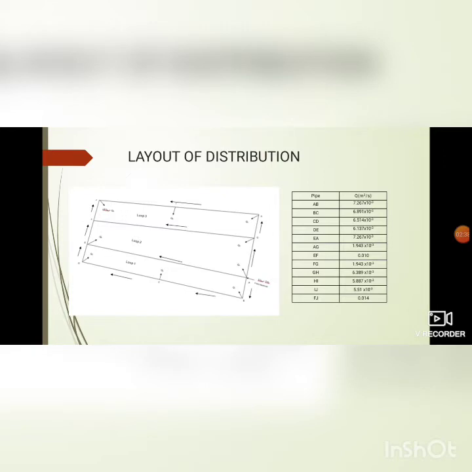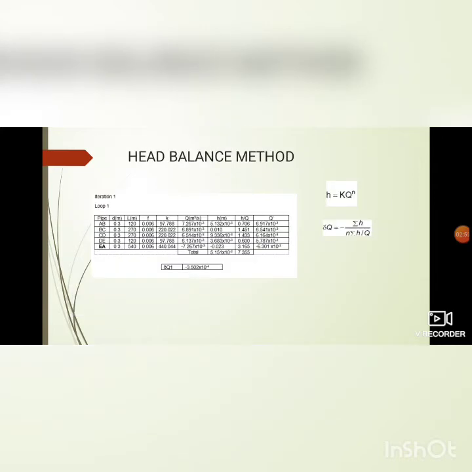So, this is the layout of distribution, and the flow rate in the pipe has been determined. Next is performing the head balance method for each loop.